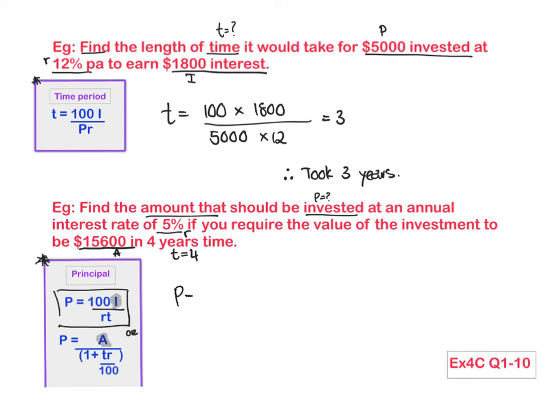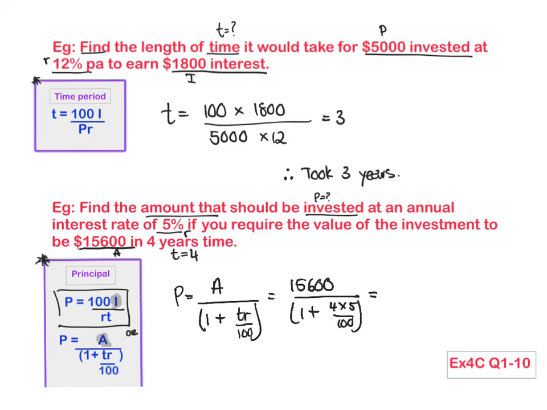So P equals A over 1 plus TR over 100. So I'm going to pop in all those details. So A, and you can see it makes it a lot easier because you've already marked them up on your question. So 1 plus, and T was 4 times the rate, which is 5 over 100.